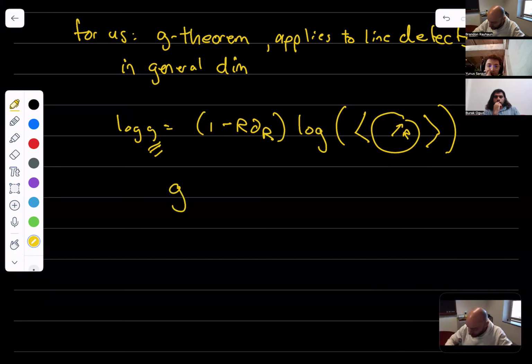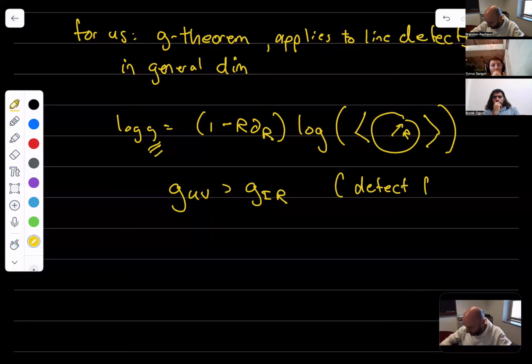And the G theorem says, much like the C theorem, that G decreases monotonically under defect RG flows. So this is specifically for situations where the defect flows, but not the bulk.